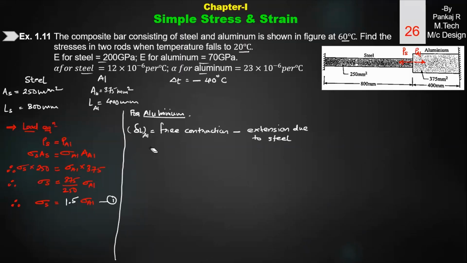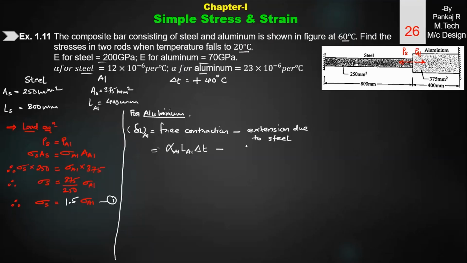So now I'll write down the formula. The free contraction is basically alpha aluminium, length for aluminium, and delta T. Now you have already taken contraction, so there is no need to take the negative sign. We'll take this as positive only, delta T. We have already talked about contraction, so no need to go to the negative sign again. Okay. Now let's go for the extension value.